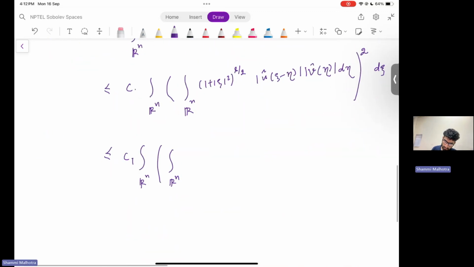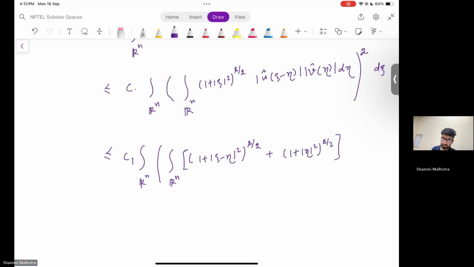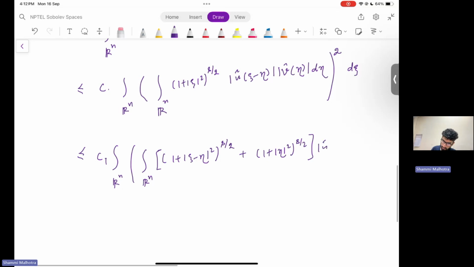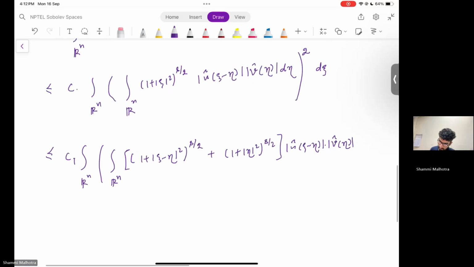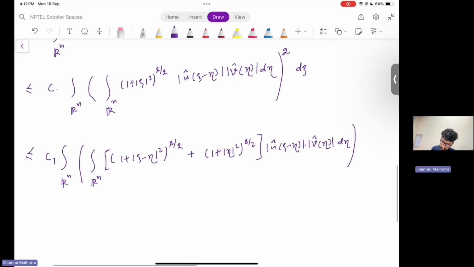So this will be (1 plus mod xi minus eta square) to the s by 2 plus (1 plus mod eta square) to the s by 2, times mod u hat at xi minus eta into mod v hat at eta, d eta, whole square.